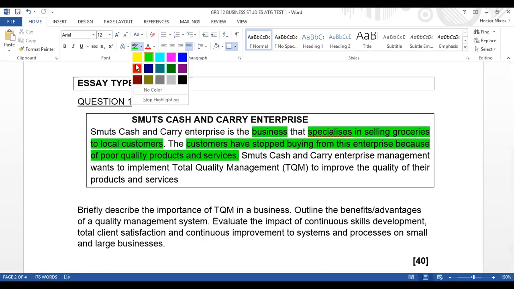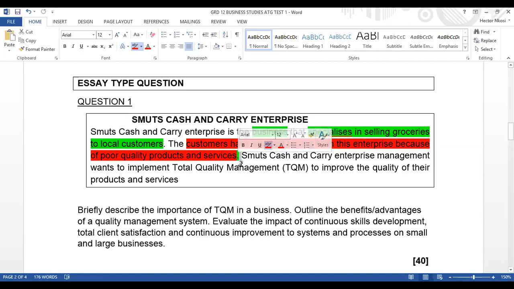And normally, grade 12s, I like to do the cause and effect with a different color, which is red, just to show that that's where the danger started, basically, because the customers stopped buying from this enterprise because of the poor quality of products and services.